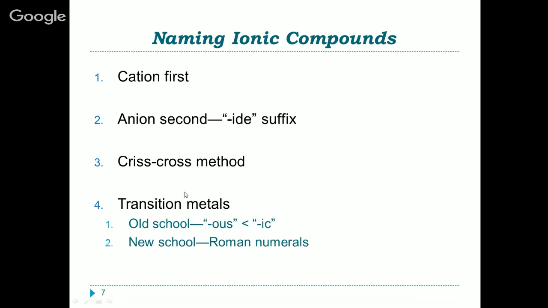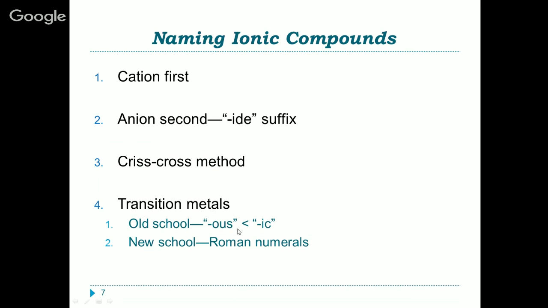Now, when we're naming transition metals, we have to be able to indicate whether something is a +2 or a +3 charge. The old school way was to use an OUS ending for the smaller charge and an IC ending for the larger, so +2 versus +3, or +2 versus +4.